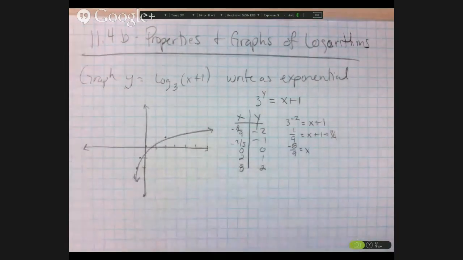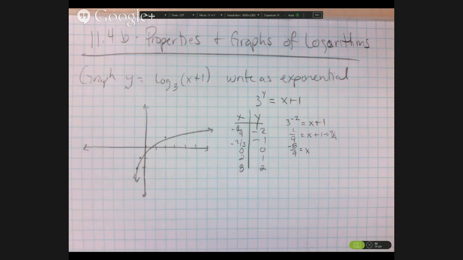Which one? Y is 0? Okay, what's 3 to 0? 1 minus 1. This is going to solve for x. No, I didn't. Wow, that was way off.